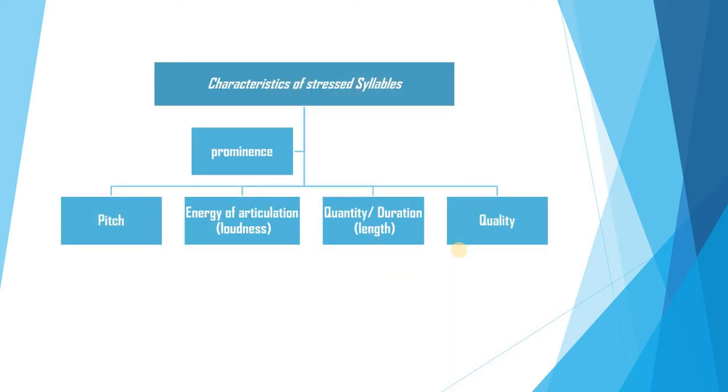Characteristics of stressed syllables. The stressed syllables are characterized by being prominent. The prominence normally is affected by the pitch, the energy of articulation, the quantity or duration of the syllable, and the quality of the syllable. We are going to clarify each one alone. The pitch: here I talk about the amount of air coming out of the syllable.